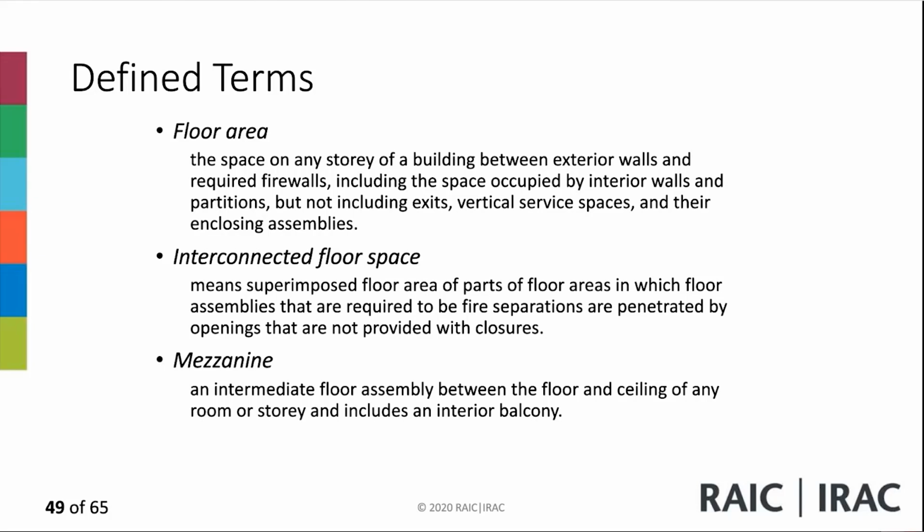So the space above a mezzanine is not considered a story in calculating the building height, provided that one, and we're going to go with drawings and diagrams, and I'll show you that.